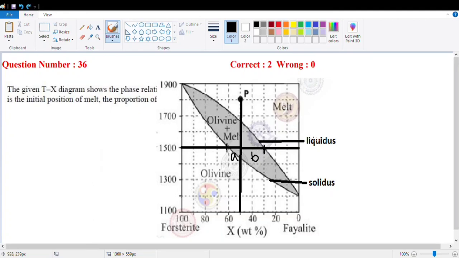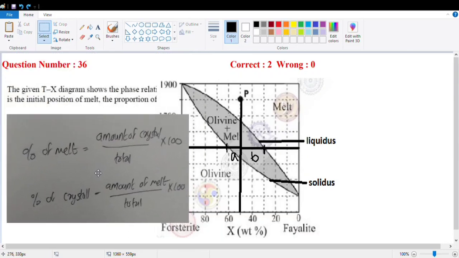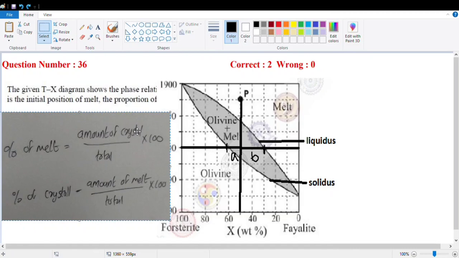To find the proportion of the melt we should use the equation. The percentage of melt is equal to the amount of crystals divided by the total, into 100, and the proportion of crystals is equal to the amount of melt divided by the total, into 100.